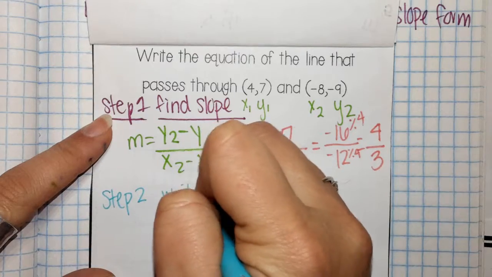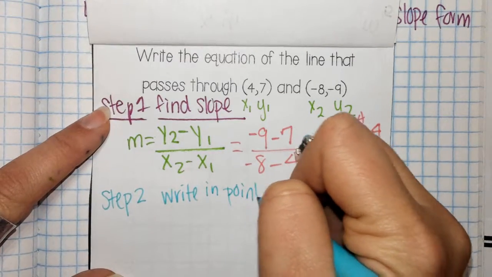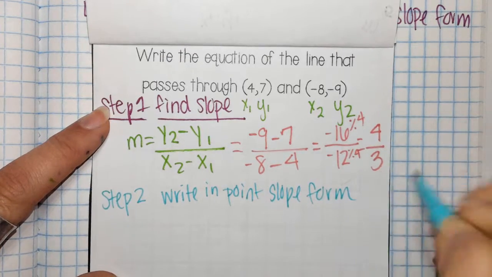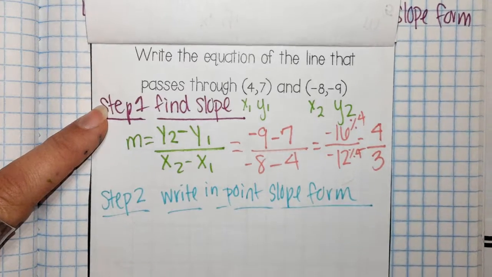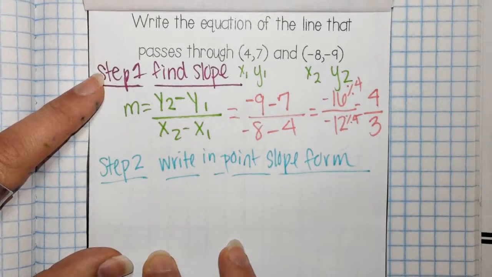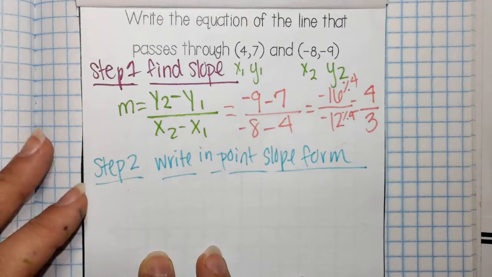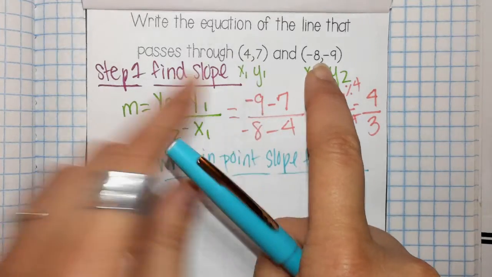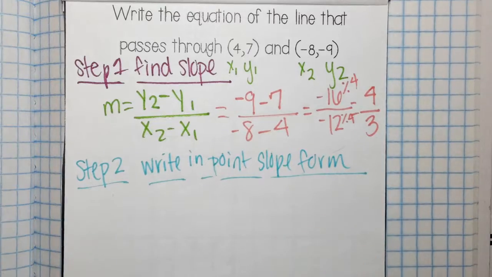That's it. Yep. Doesn't matter which one you use. It does not. Because when we solve it and put it in slope-intercept form, it'll give you the same equation, because these are 2 points on the same line. So it does not matter which one you use, but I always like to use the first point.